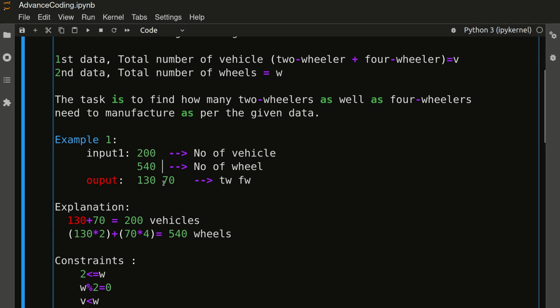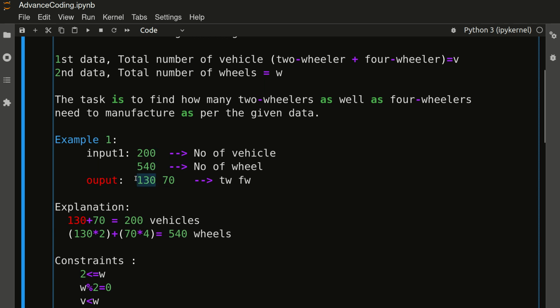And output you have to do in this way. Output will be two space-separated numbers. First you should print how many two-wheelers will be manufactured, then a space, and then how many four-wheelers.